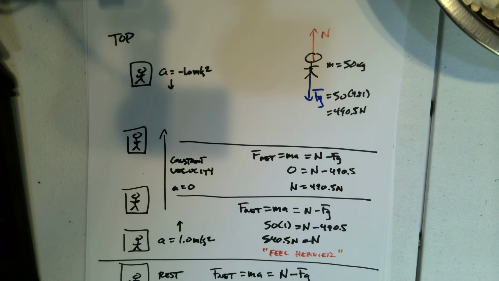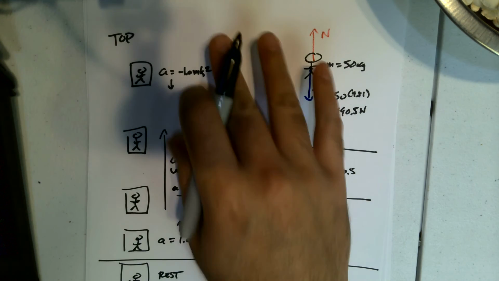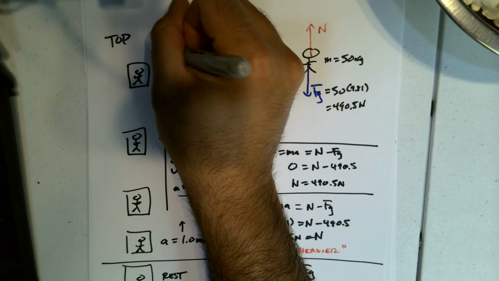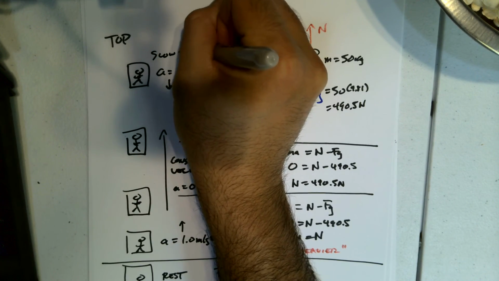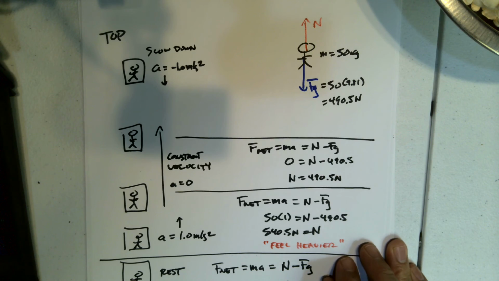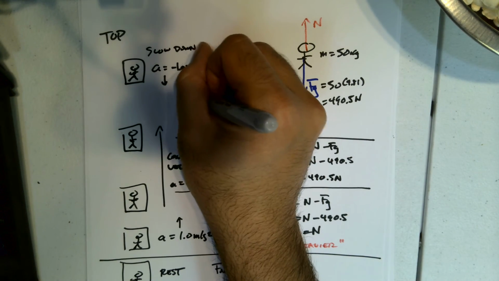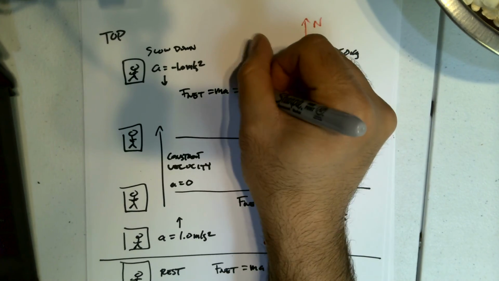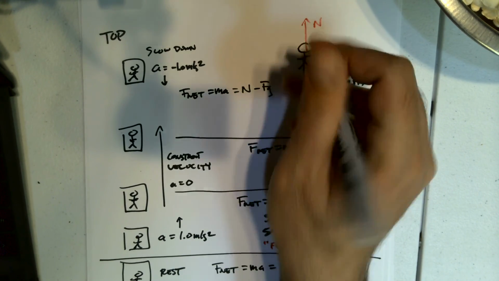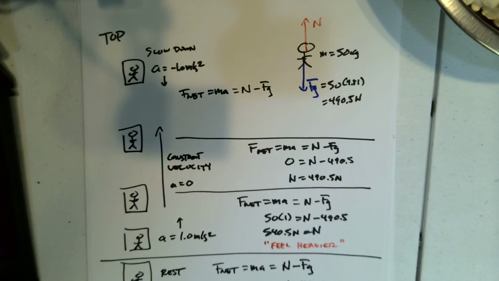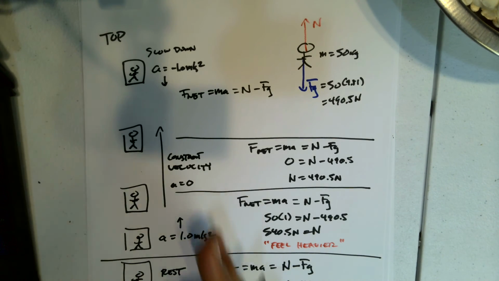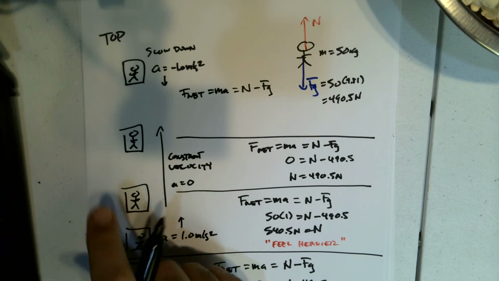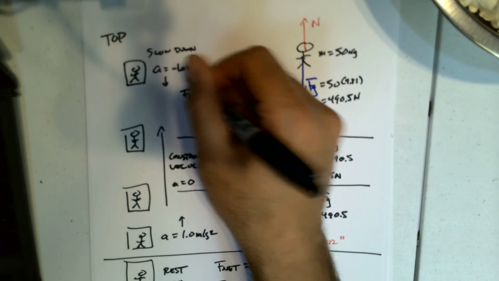On to the very last part, which is where we slow down with a negative acceleration here. So if I do the net force here equals ma, we have N pointing up, F of G pointing down. This expression looks the same in all four scenarios here. But again, it's our A value that's changing here. And we have to be mindful that it's a negative value here.